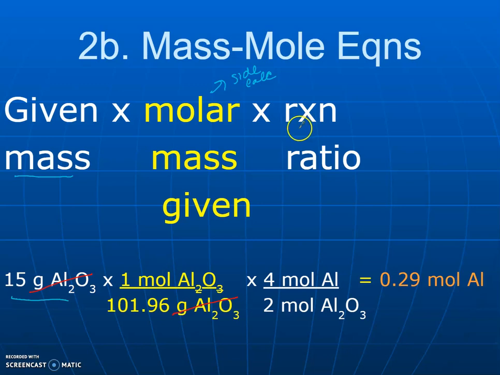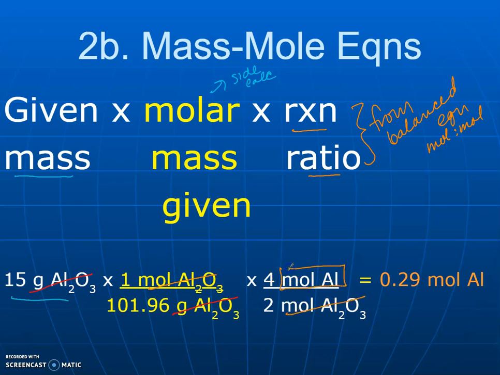Then you use your reaction ratio, which is from the balanced equation. It's always moles to moles, and you want to arrange it so that your units cancel out. If you have moles of Al2O3 up top, you put your 2 moles of Al2O3 on the bottom, leaving moles of aluminum as your uncanceled unit, and you get 0.29 moles of aluminum.